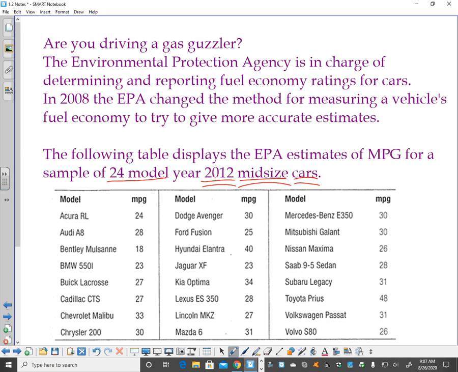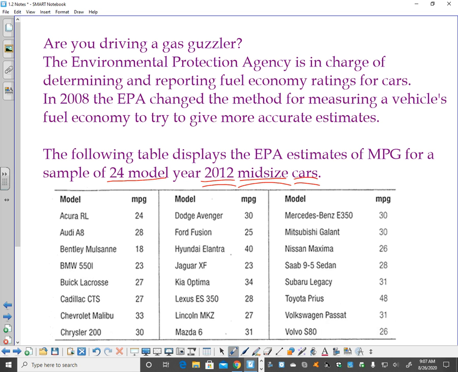The Bentley is bad at 18. The Acura is bad at 24. The Jaguar is bad at 23. So you can see these higher performance cars have worse gas mileage. BMW is 23. Little Mazda 6 gets 31 miles per gallon.